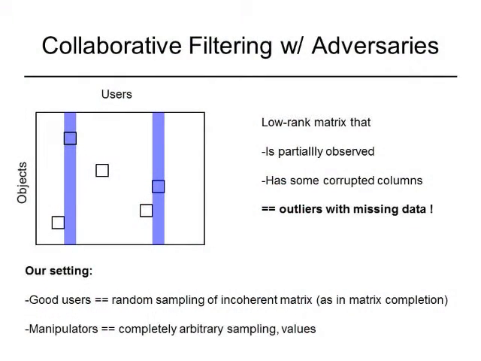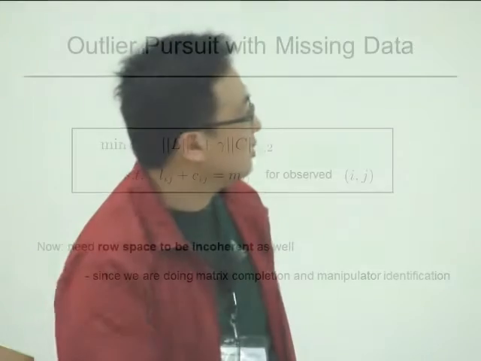So this is what I just said, put in a picture. So this is the preference matrix. You randomly sample some of the user preferences, and these are some malicious users, and your goal is to fill up all the missing entries for these authentic users.